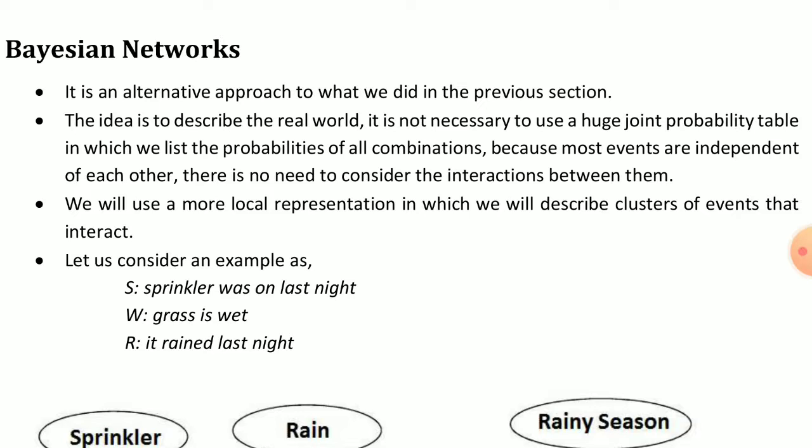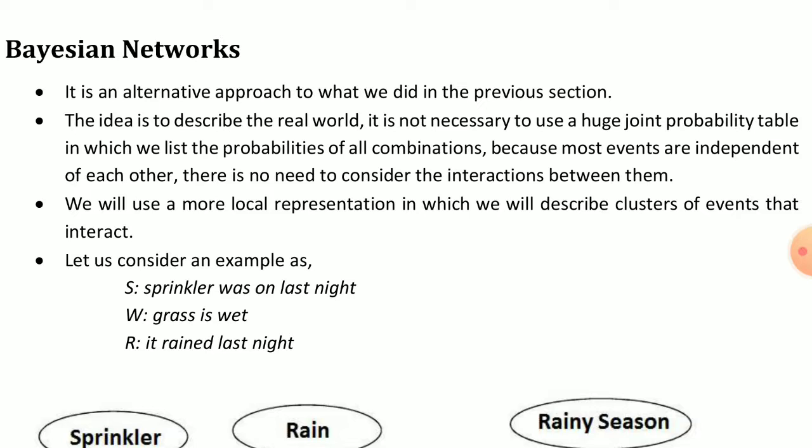A Bayesian network is an alternative approach to what we did in the previous section. In the previous section, we can take one system and use one approach, and if this approach does not work correctly, then we can use another approach.